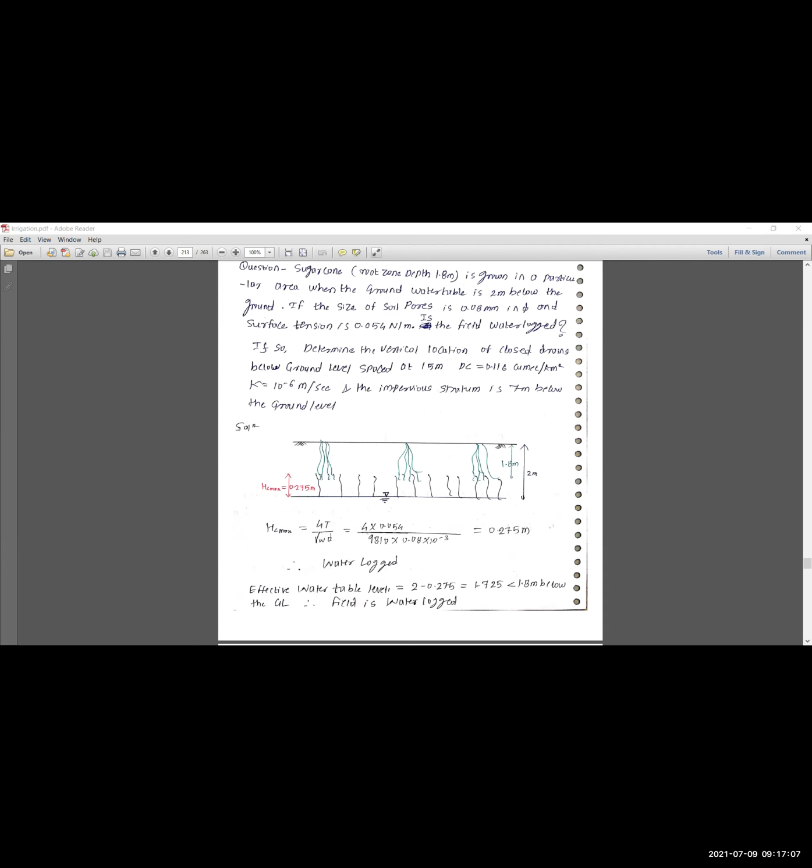So for this question, we have to determine the vertical location of closed drain below the ground level. So in this question, we have to find the location of tile drain. So how we find?